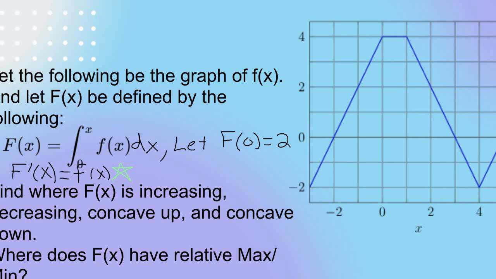But now that I know that big F prime equals little f, we said that F of x is increasing when F prime is positive. I have my F prime here as my little f, so that's this graph. I'm looking for where it's positive. So where is that graph positive?